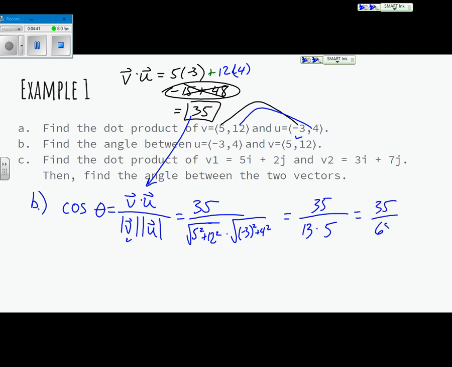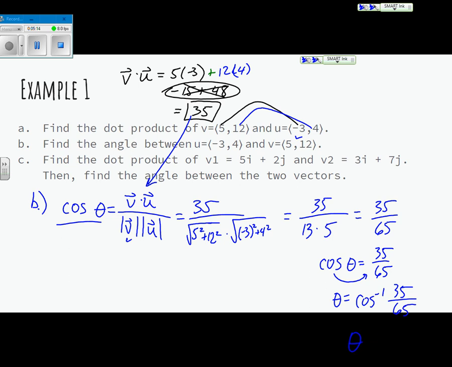Now that's not my angle. I'm looking for the angle between them, so that doesn't make any sense. But remember, that's what cosine theta is equal to. Cosine theta is equal to 35 over 65, or whatever that reduces to, 7/13 or something. It doesn't matter, because I'm going to have to put this in my calculator, whether it's 7/13 or 35 over 65. And so I'm looking for an angle, so cosine is going to switch sides and become cosine inverse.